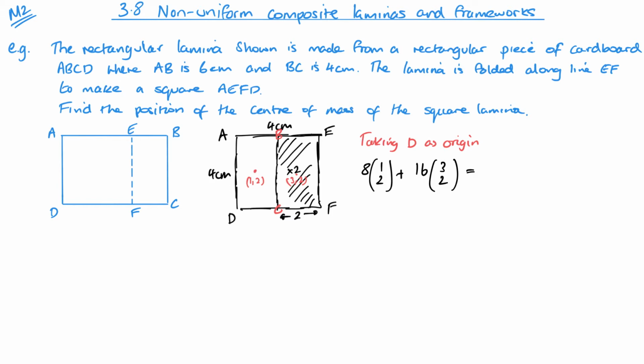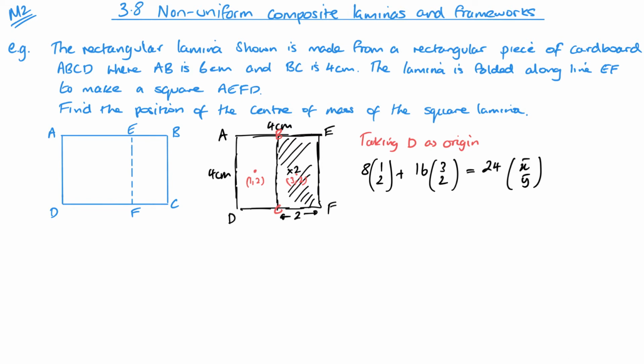And then my total area here is 24, and obviously we're looking for X bar and Y bar. Now the 24 should match up with the 16 and the 8, but it should also match up with the original here, which is my 4 times 6, 24.